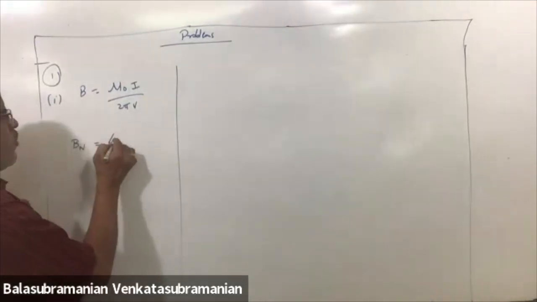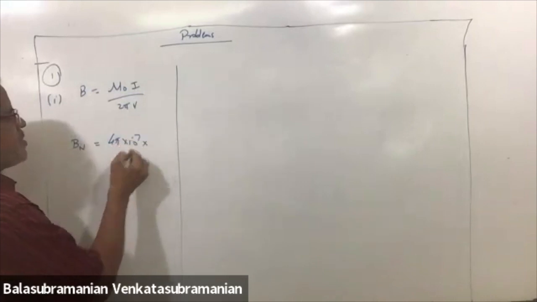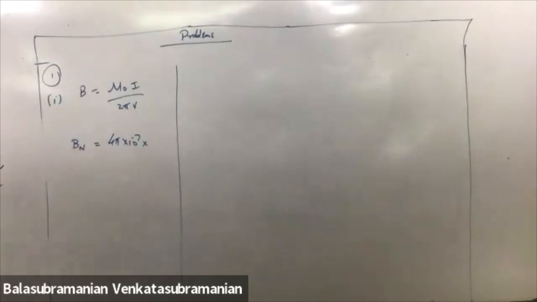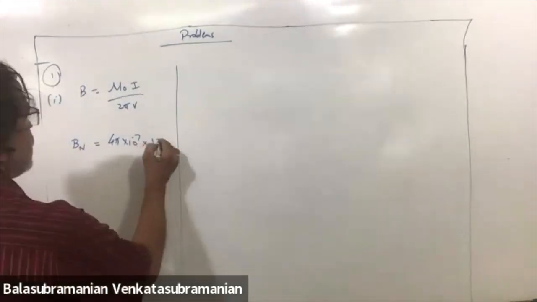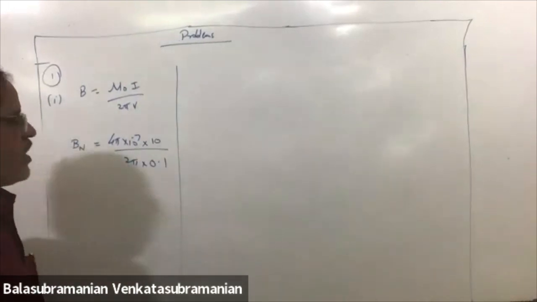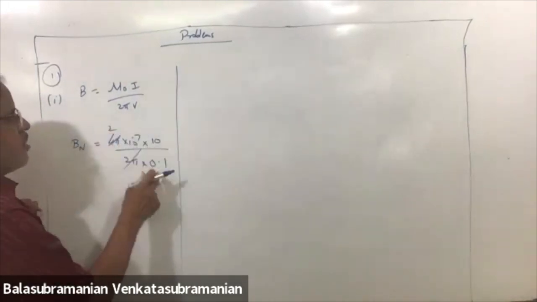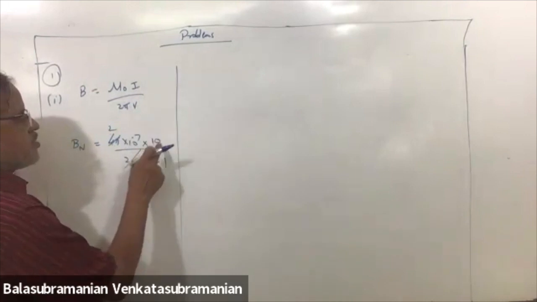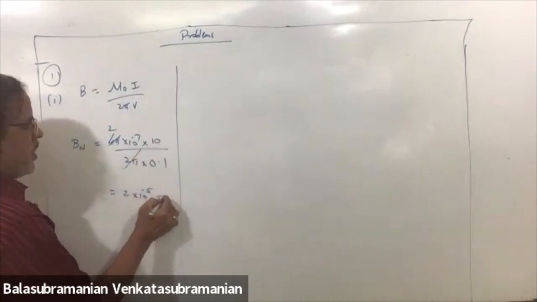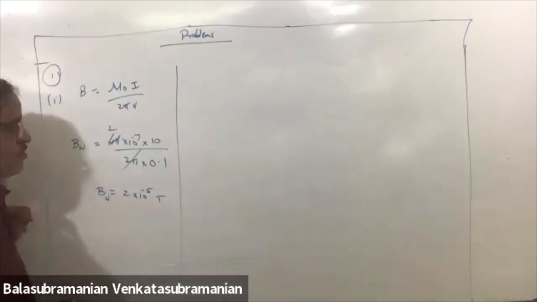Mu naught is 4 pi into 10 power minus 7. Distance is 10 centimeter, which means 0.1 meter. 0.1 is 1 by 10, so the numerator becomes 100. You get 2 into 10 power minus 5 Tesla north.